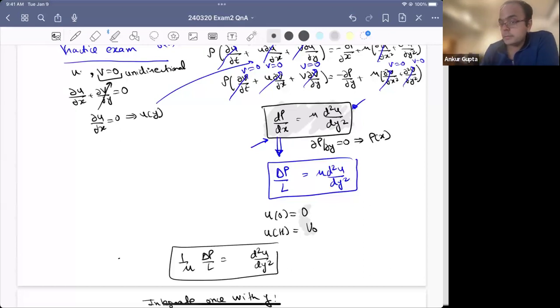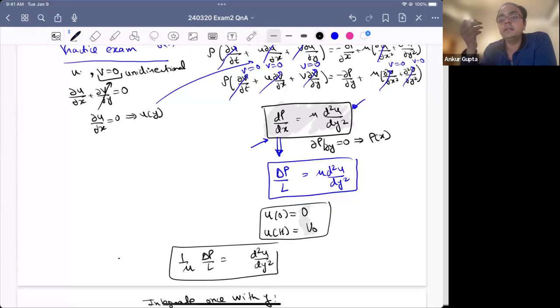So this is a general approach. This approach is exactly going to be the same, whatever problem happens. The main changes happen in the boundary conditions and the coordinate system we are using. So maybe y goes from minus h to plus h, or goes from 0 to 2h. In this problem, we are going from 0 to capital H. But if you remember from your class, we went from minus h to plus h.